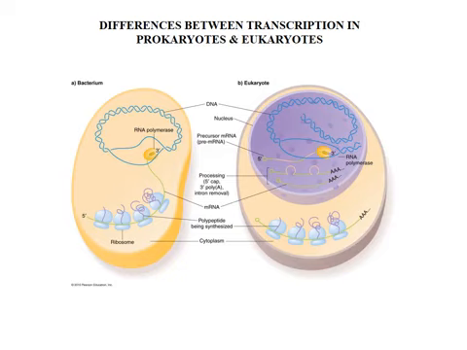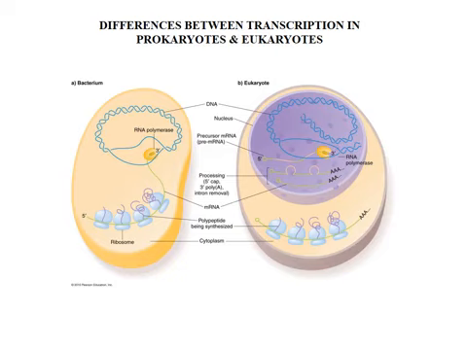So transcription and translation take place in different compartments in eukaryotes. And the second difference is that in prokaryotes transcription and translation occur simultaneously, but in eukaryotes they do not occur simultaneously.